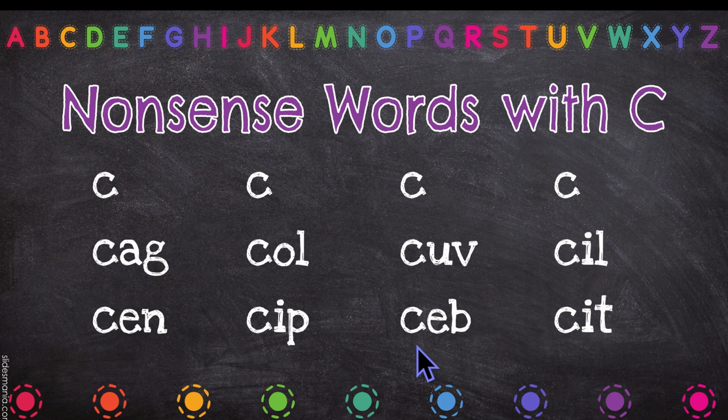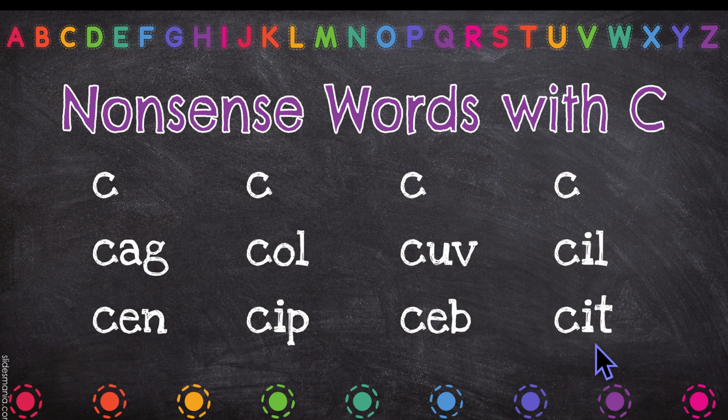Okay, do you remember the rule to tell if we want the first or second sound? The rule is E, I, and Y make the C use its second sound, S. S, eb, seb. Do you remember the rule?